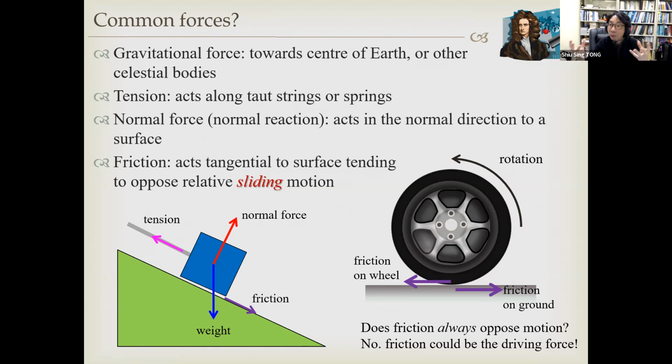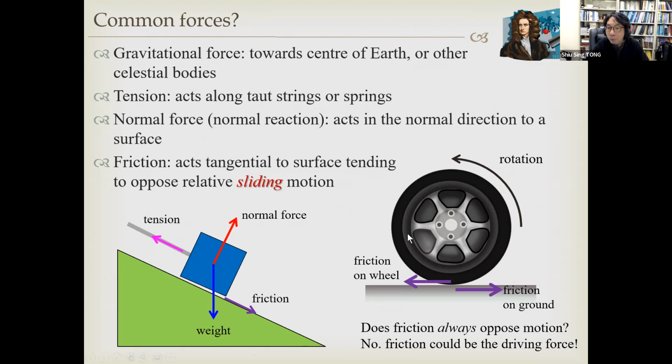This is the only net force that propels the car. There are no other forces that propel the car horizontally along the road. So in this case, the frictional force is the driving force of the car. It is not the force that prevents the motion, that opposes the motion. It is actually the driving force of the car.